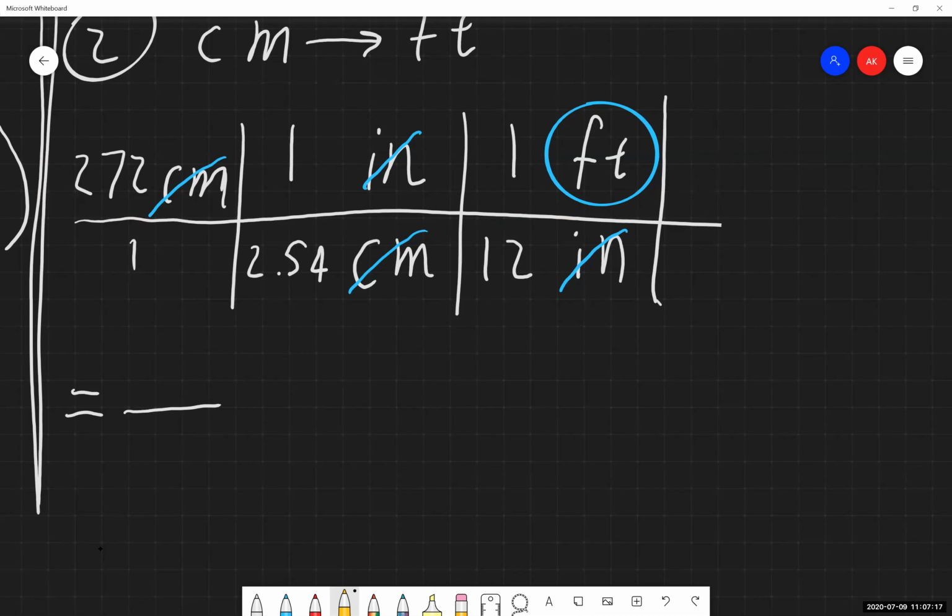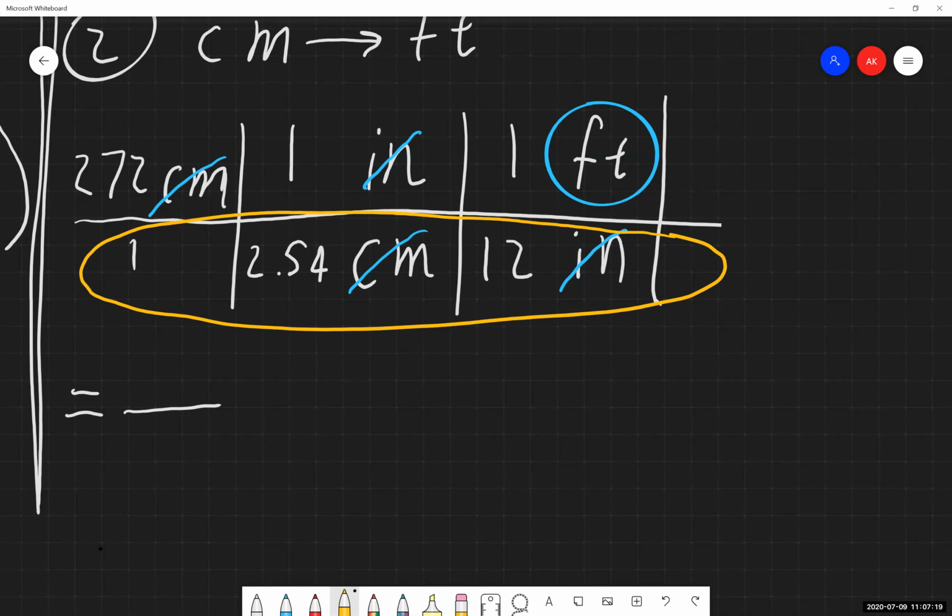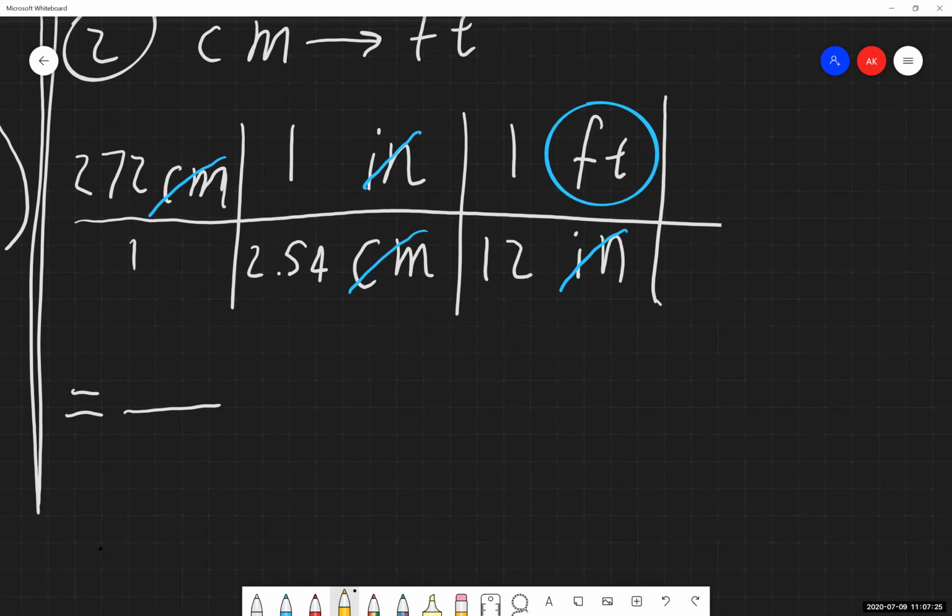Then multiply everything in the bottom part together and put it in the denominator. If we do that, and I'm doing this off screen here, the numerator, 272 times 1 times 1, gives me 272. In the denominator, I have 1 times 2.54 times 12, and again, use your calculator for that.